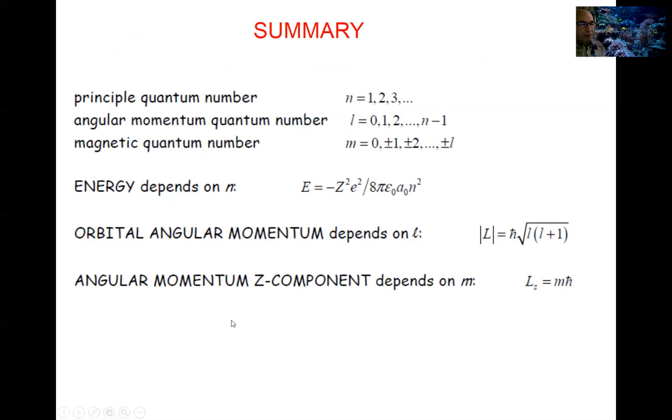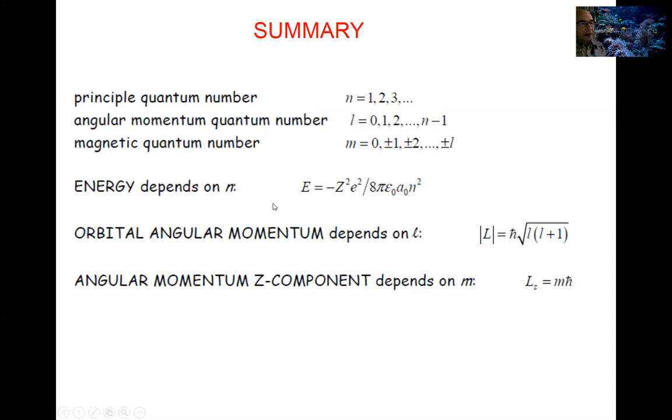Again, just to recap, we applied the fifth postulate, which tells us that we need to use a Hamiltonian acting on the wave function and solve the Schrödinger equation if we want to look at systems like that. We constructed this Hamiltonian in the spherical polar coordinate system. We saw that it is separable.